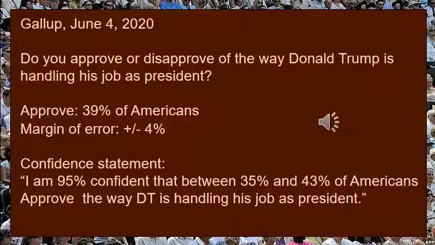And 39% plus 4%, my margin of error, gives me 43%. This is where I took these numbers. So my confidence statement goes like this. I am 95% confident that between 35% and 43% of Americans approve the way Donald Trump is handling his job as a president. That's my confidence statement here.